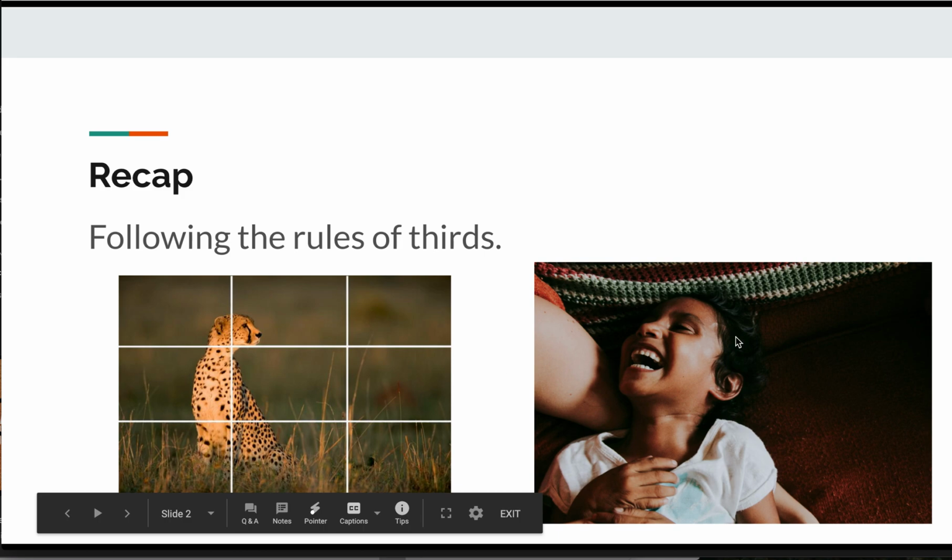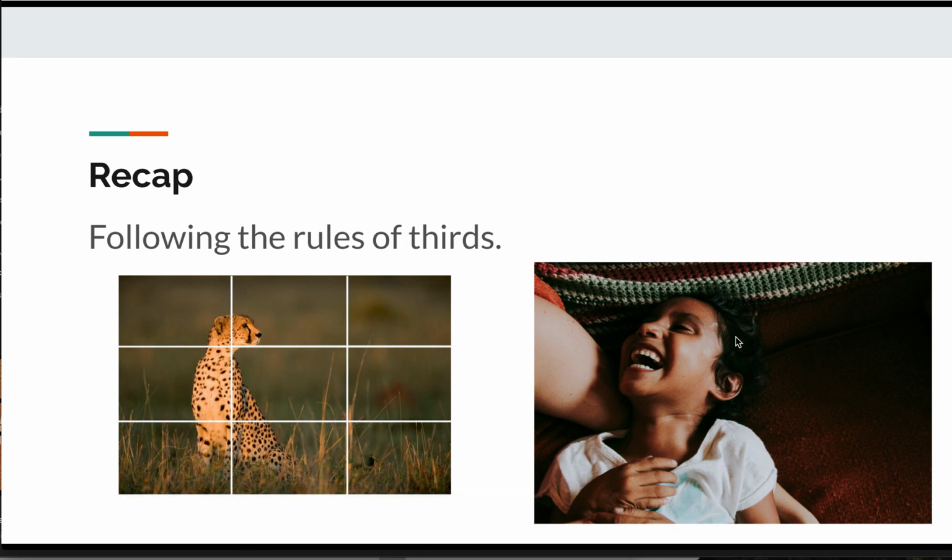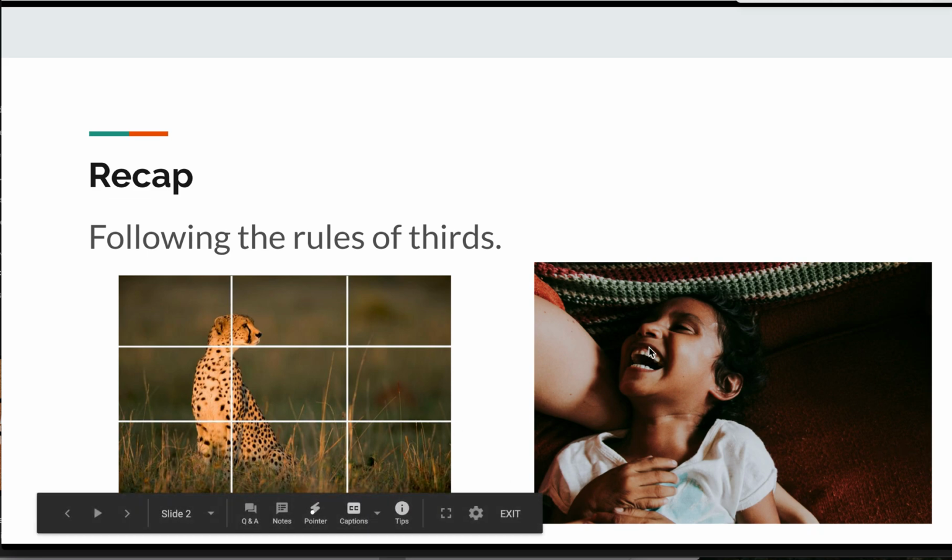As you can see in this picture of this little girl laughing, if we had the lines over her face, her head would be centered perfectly in the top intersection, and her body is in the bottom. So we are following the rule of thirds with this picture.